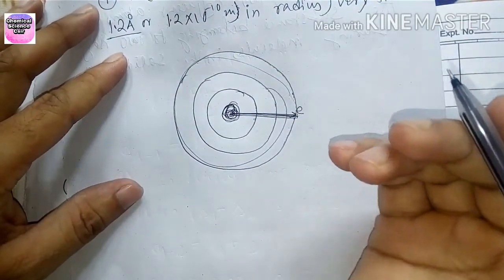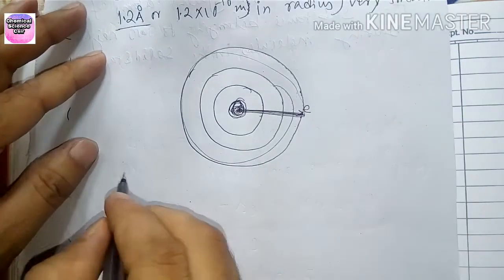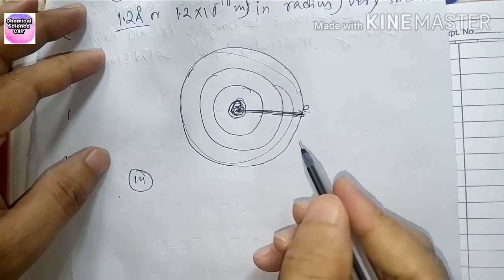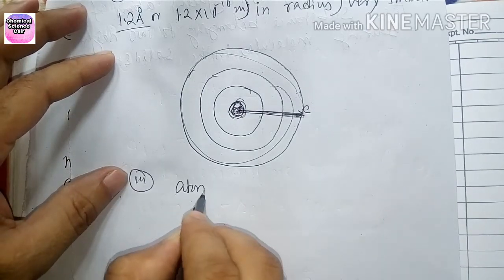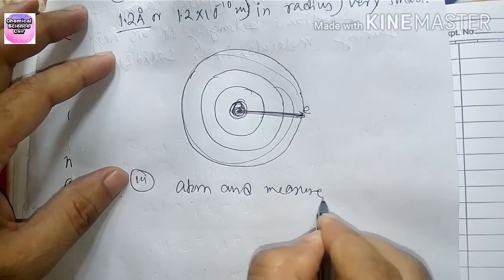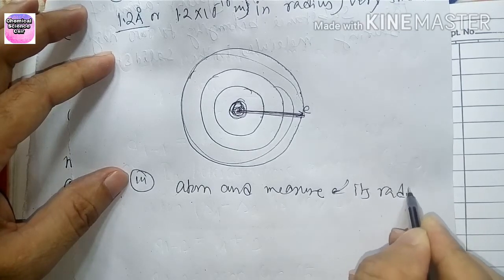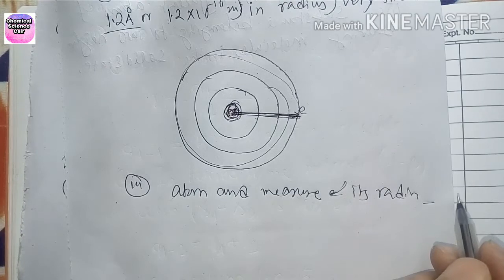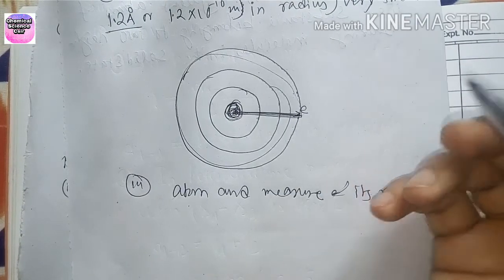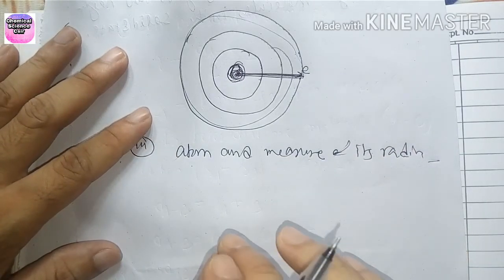Third, it is not possible to isolate an atom and measure its radius. Fourth, the size of an atom also changes from one bonded state to another.